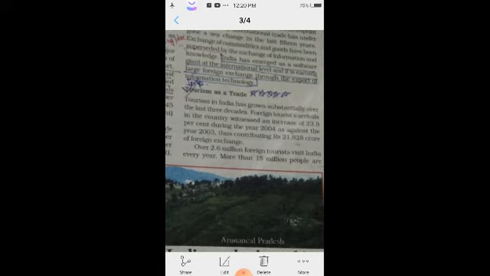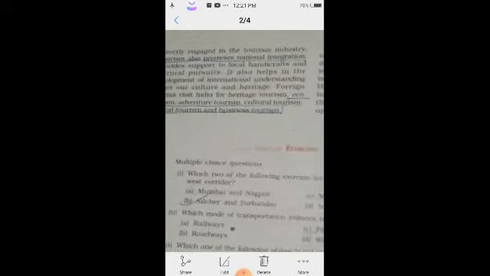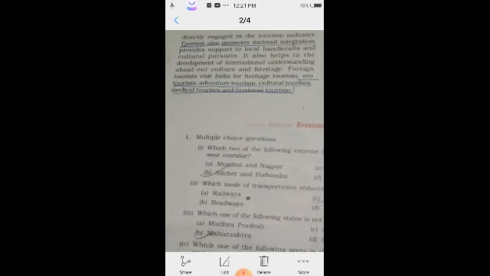Over a million foreign tourists visit India every year. More than 15 million people are directly engaged in the tourism industries.